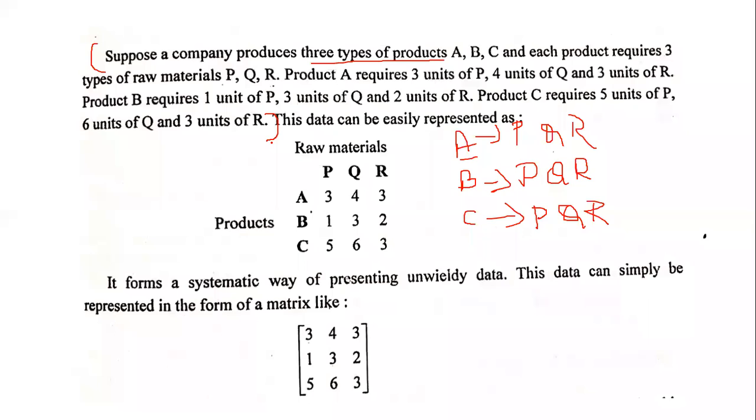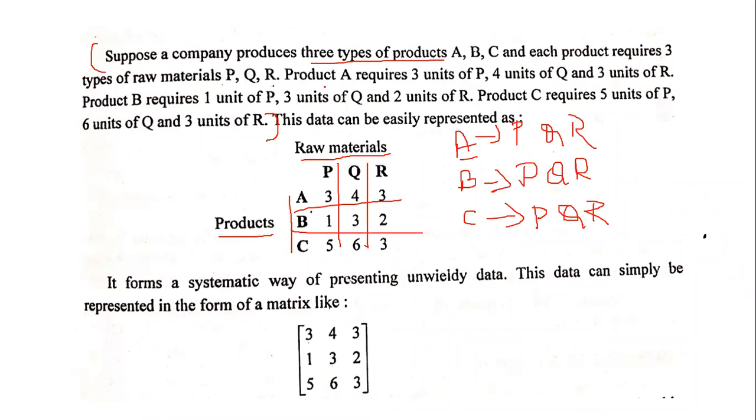Now, how do we do that? On one side, you will have the products written, that is A, B and C. On the other side, as the columns, you will have raw materials. So these are the columns and these are the rows. A, B, C are the rows and P, Q, R are the columns.